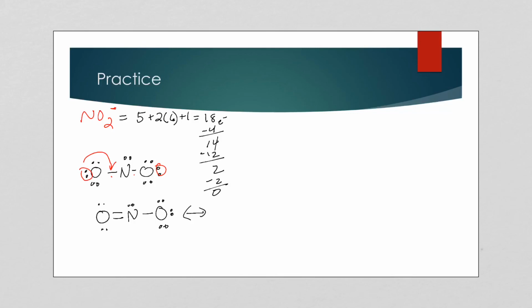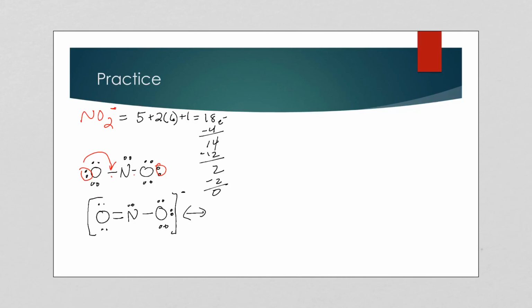Now, with resonance, we have to draw out multiple structures. Before I do that, I can't forget, this is an ion. So I need to enclose my ion in brackets and put a negative charge there.